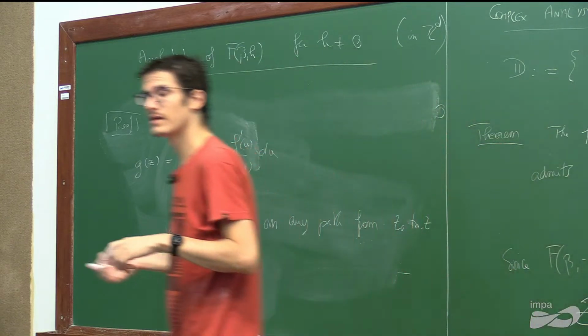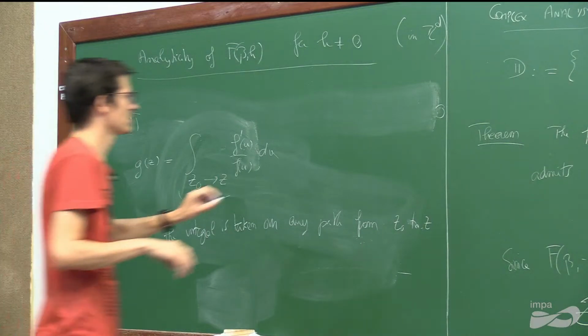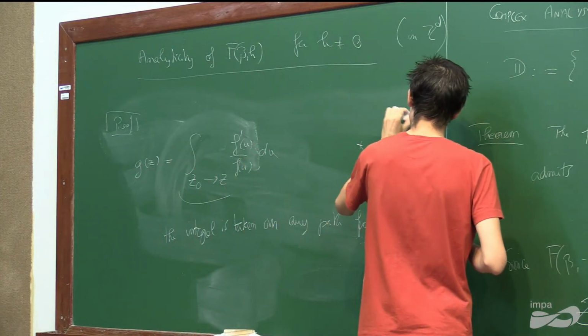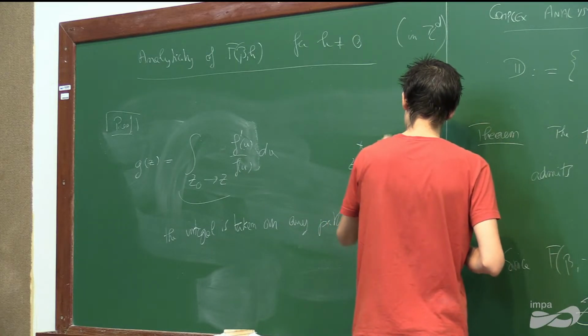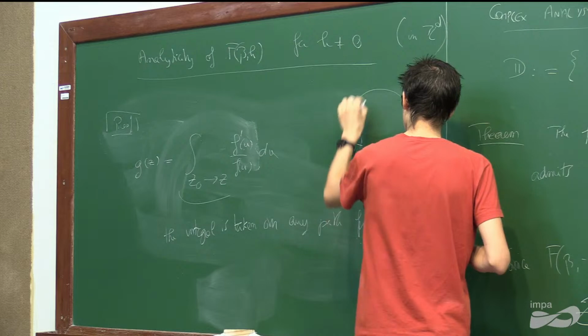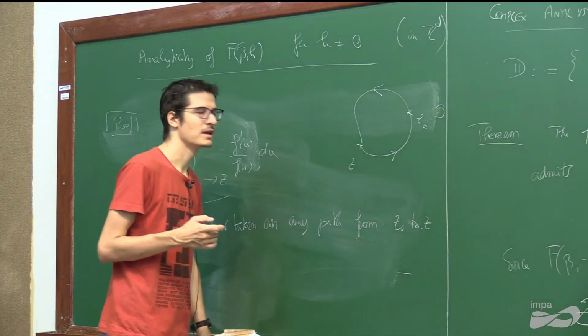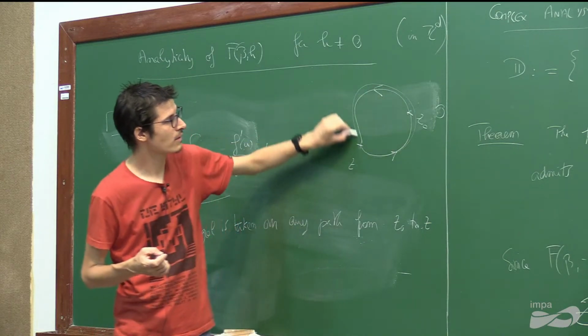Okay, and the reason why the integral doesn't depend on the choice of the path is that if you take two paths and you take the difference between the two integrals, you get the integral along this contour.